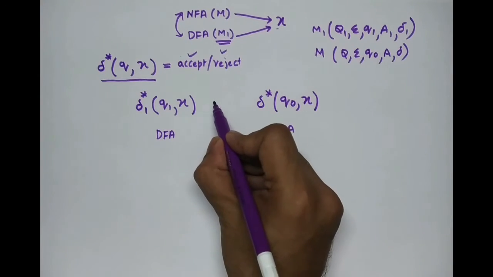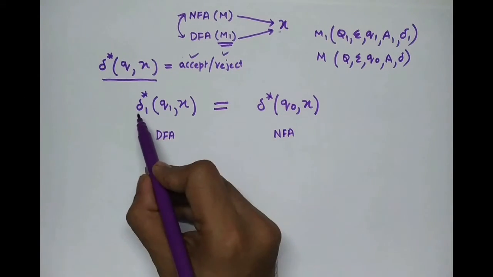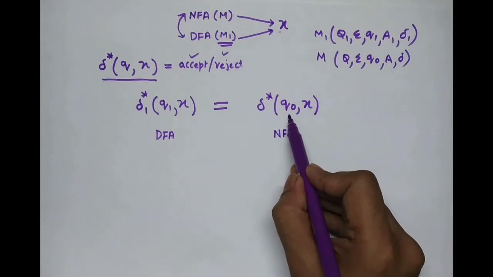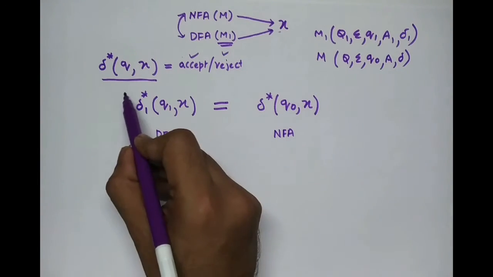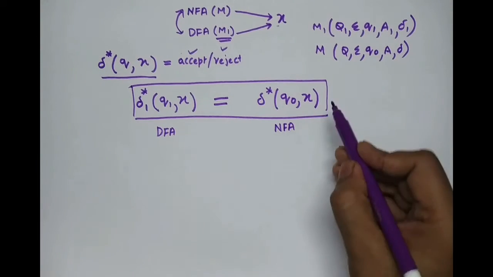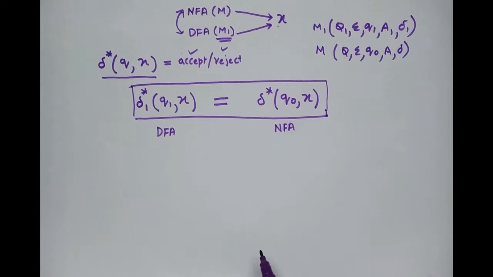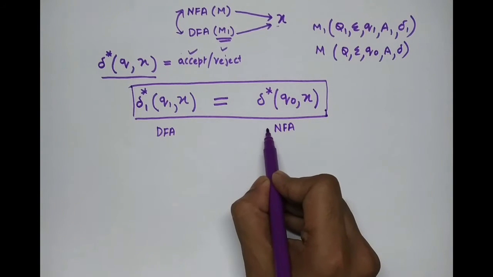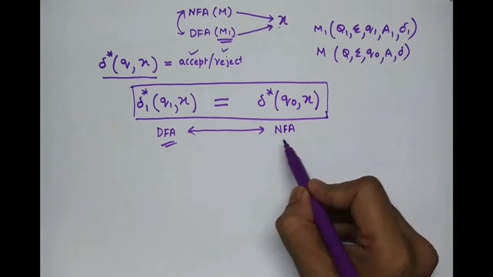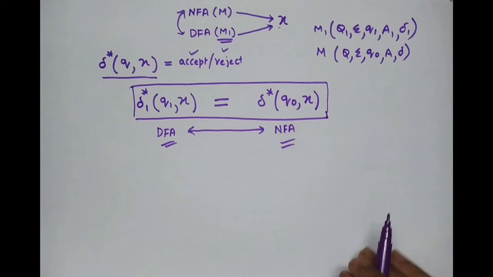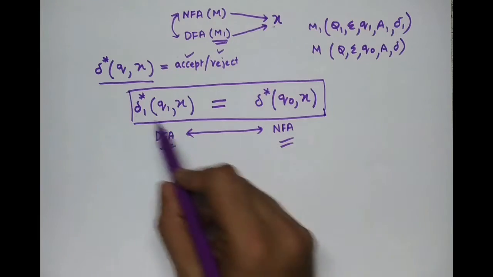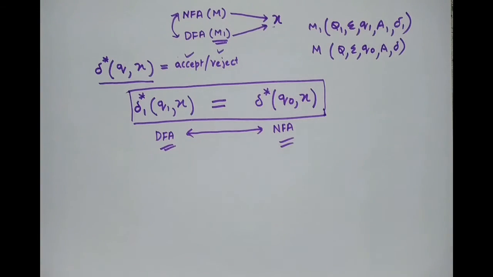So in general, if the extended transition function for DFA on reading X is equivalent to the extended transition function for NFA on reading the same input X, and we are able to prove this equivalence, then it is sufficient to prove that for an existing NFA there is an equivalent DFA. It is this particular fact that we are going to utilize in the proof that we are currently solving. So we will utilize this relation, and let us continue with the proof.